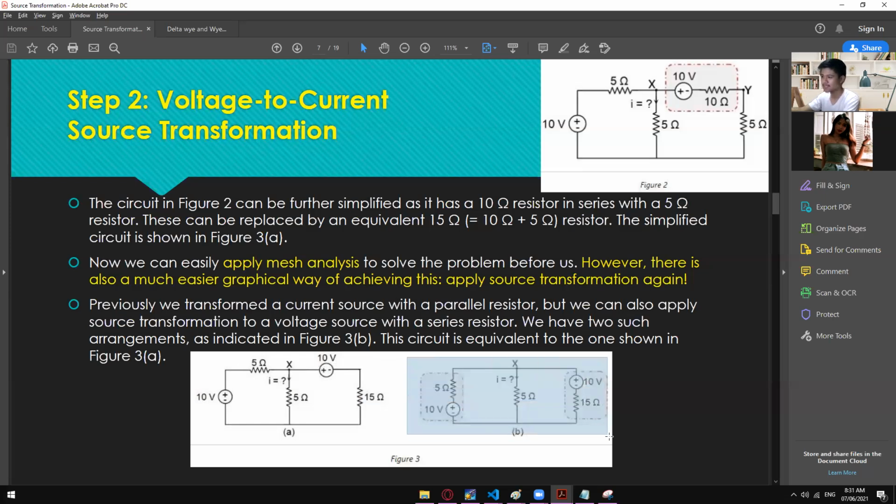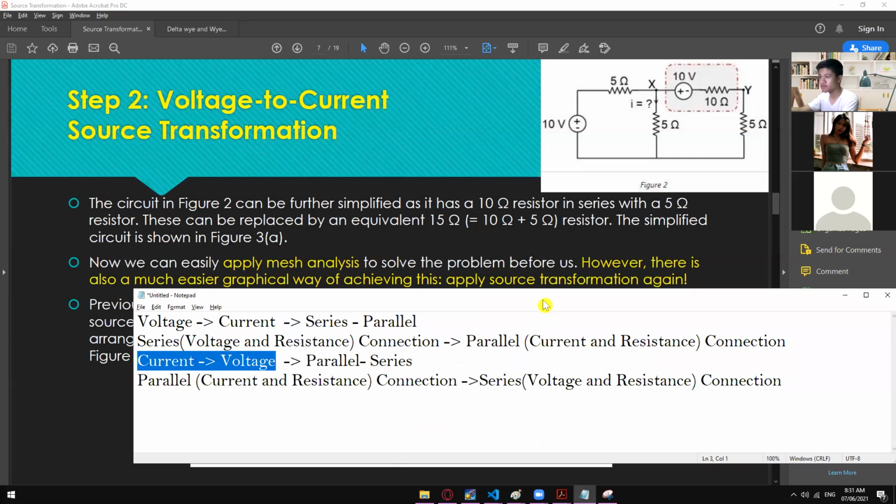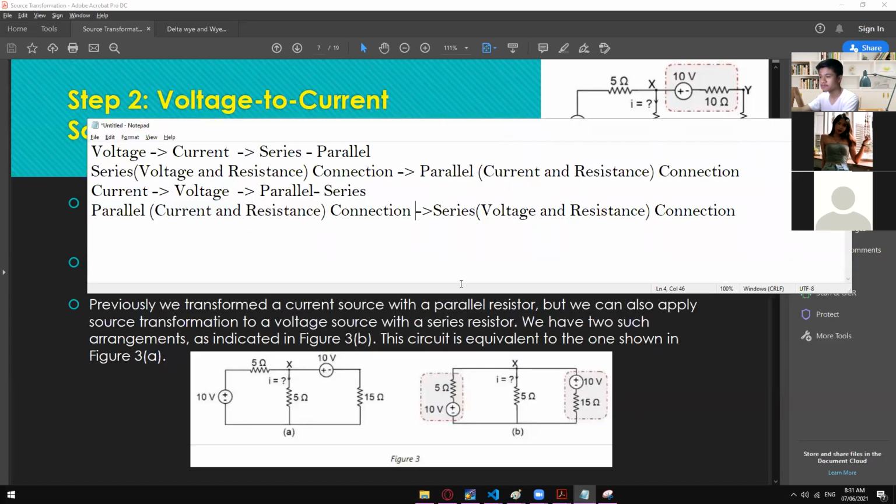And as you can see, this voltage source right here is actually convertible into a current source. The same with this one. So again, let's go back to our notepad. If we want to convert a voltage into a current, it must be in series first, going to parallel.